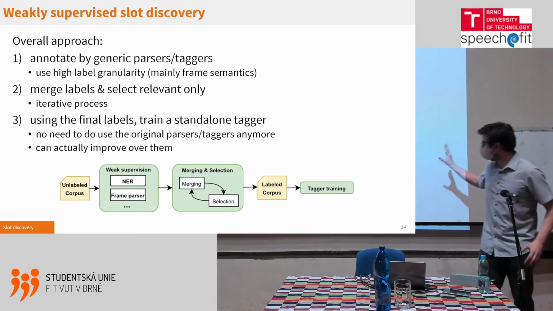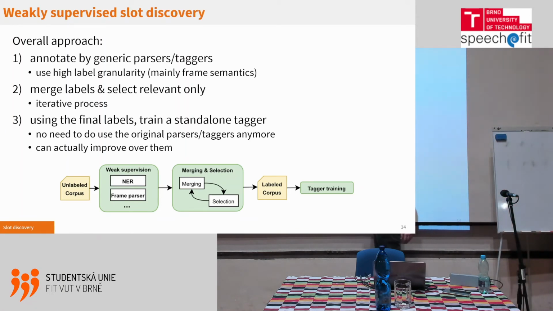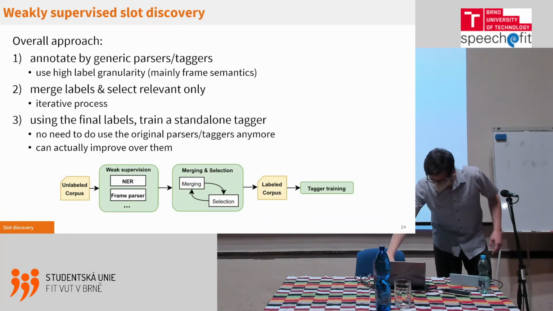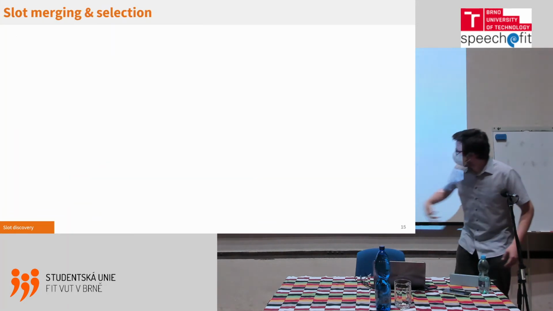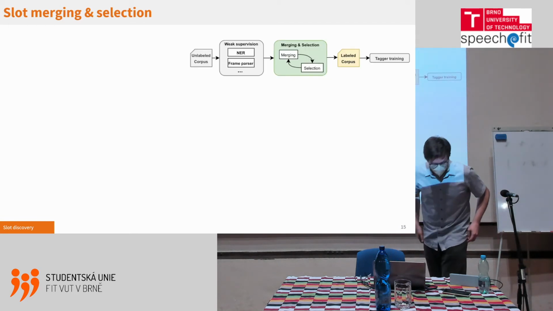So that's the overall process. This bit is straightforward. You just get a parser or a tagger from the internet, you apply it, and you get some output. But the other two steps are a bit more interesting, so I'm going to show them in a bit more detail.